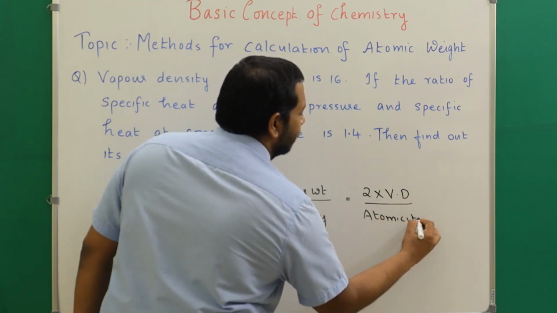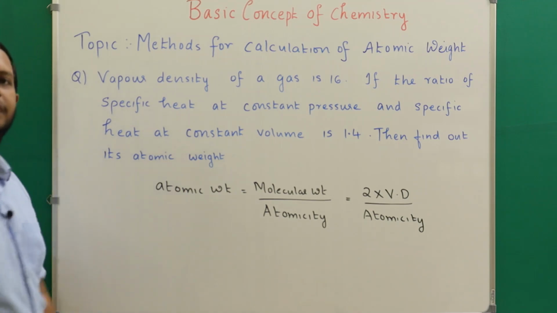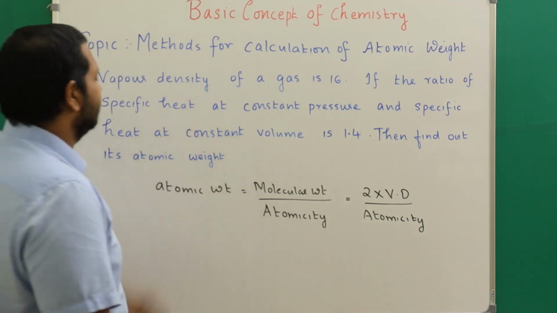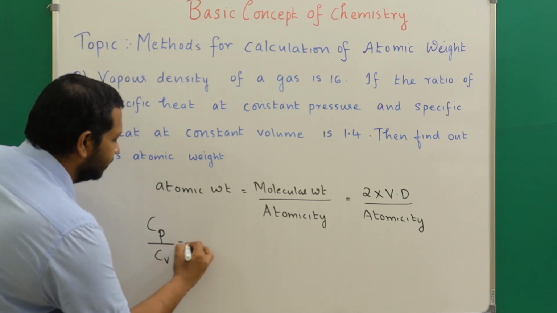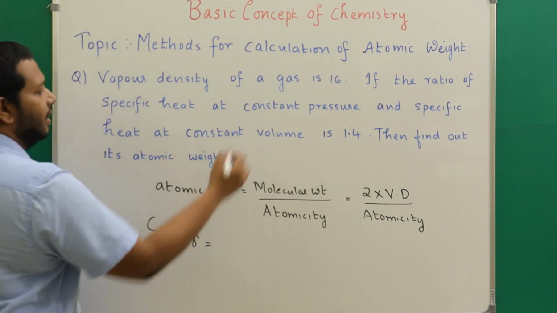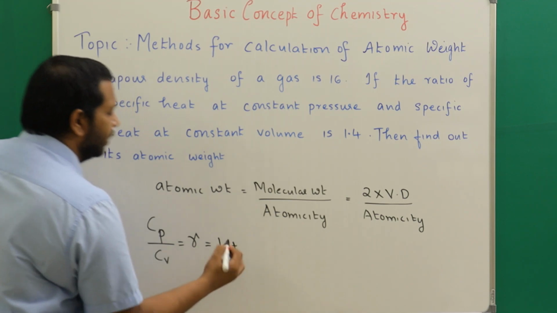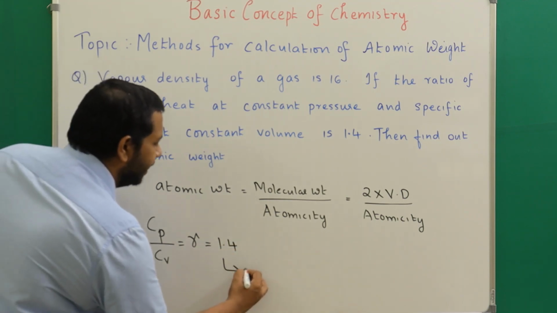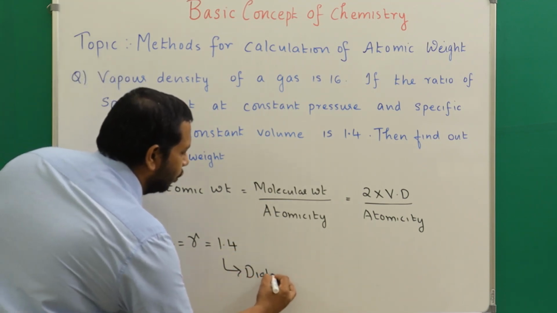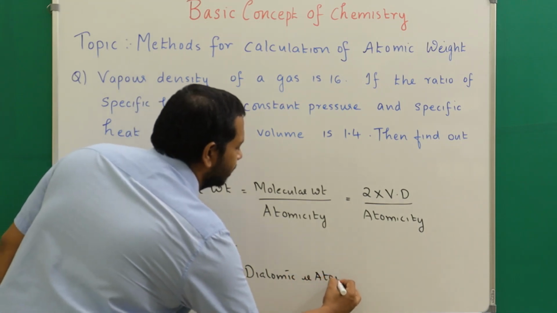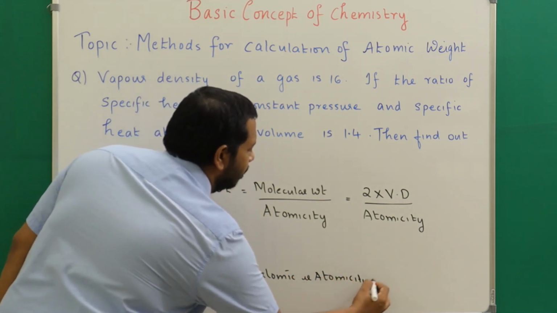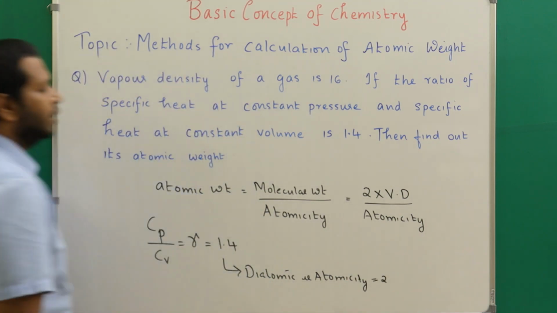Now how to find the atomicity here? They have given the Cp by Cv ratio, which is equal to gamma, given as 1.4. I know that this corresponds to a diatomic gas, correct? So atomicity is equal to 2, correct?